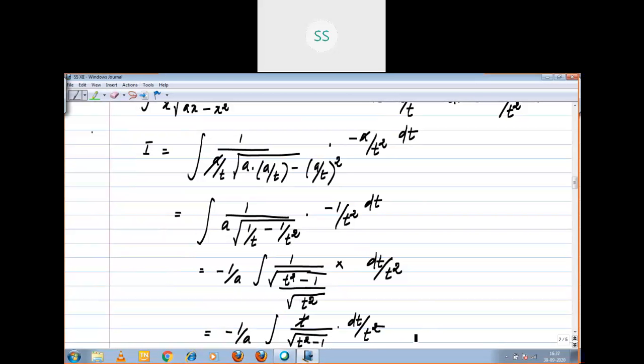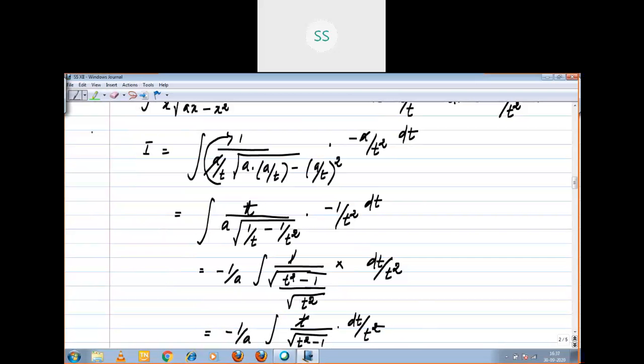When you are taking LCM, here only 1 will come, right? For your understanding purpose, I am doing so many steps, right, children? 1 divided by t square minus 1 into dt divided by t square.